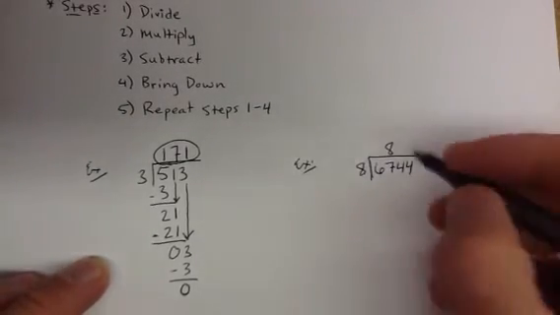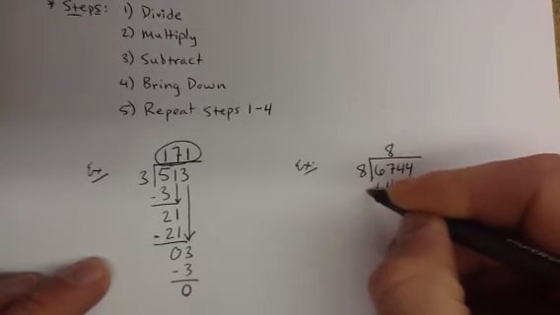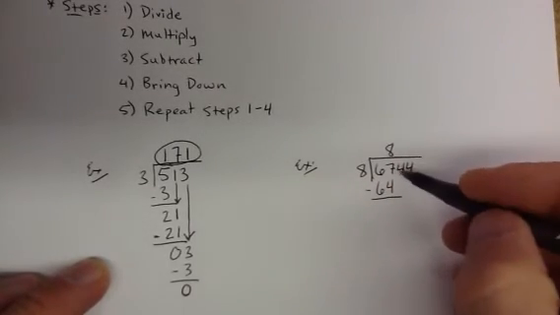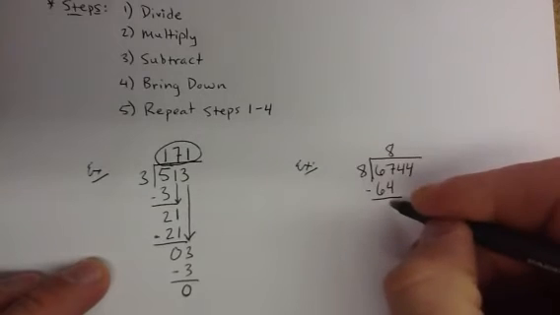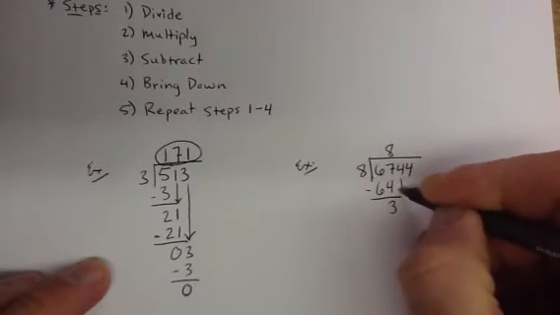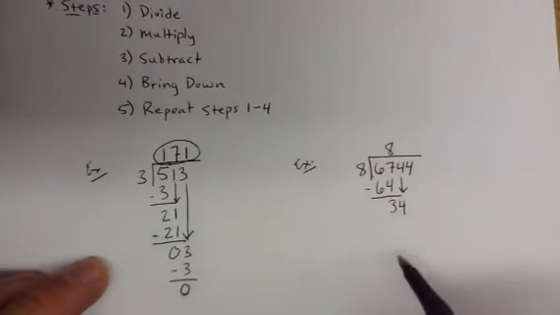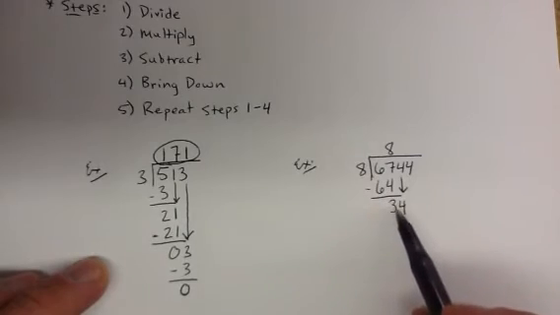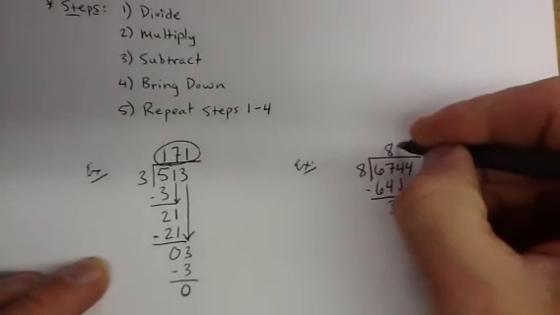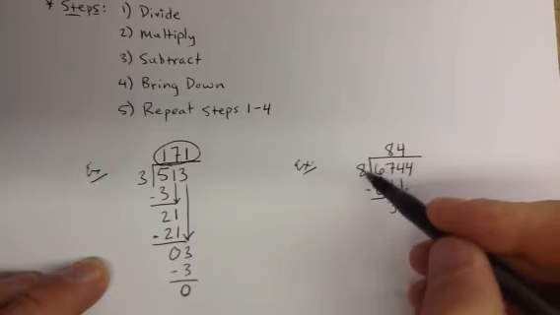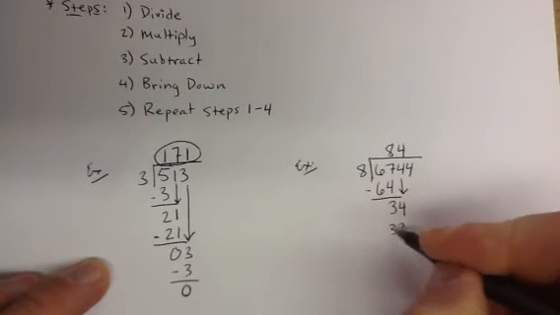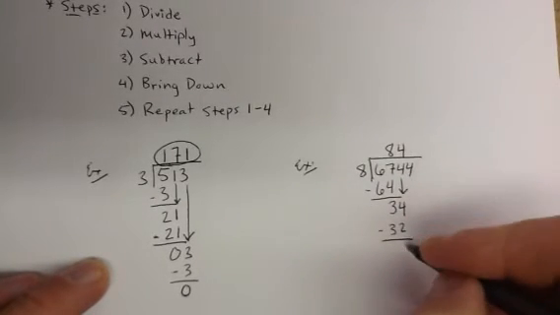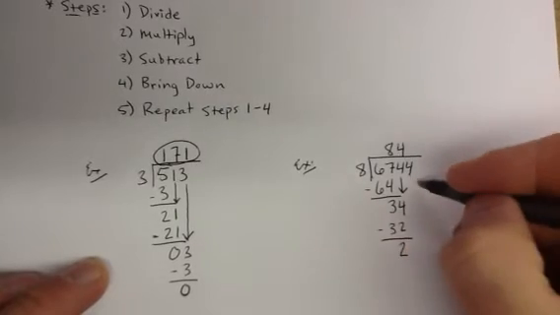Multiply. 8 times 8, 64. Subtract. 67 minus 64 is 3. Bring down. How many groups of 8 can we get out of 34? Well, that's 4. 4 times 8 is 32. Subtract. 34 minus 32 is 2.